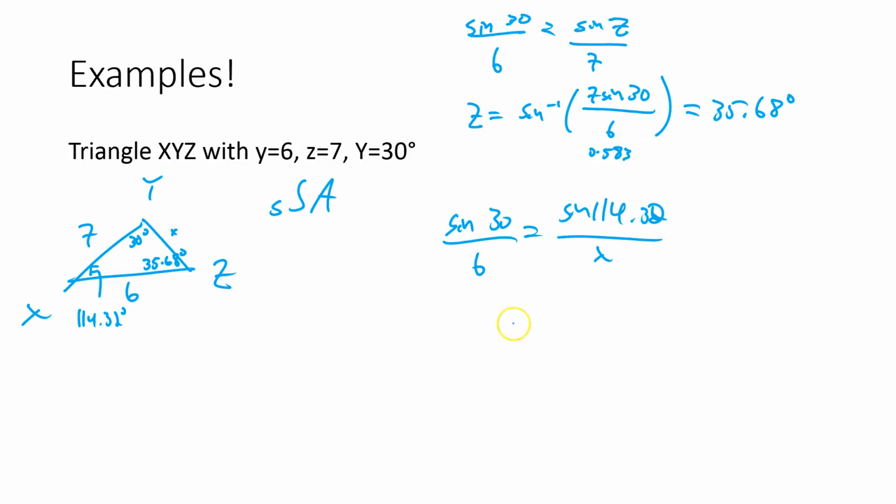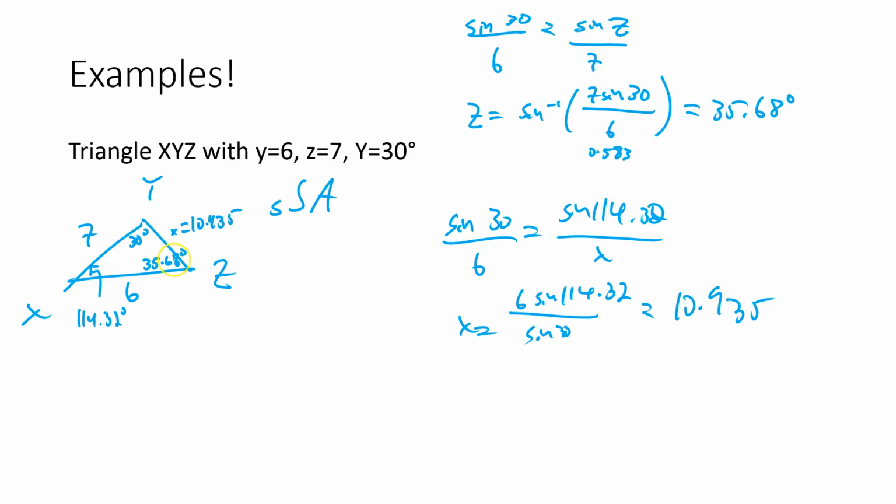And if we cross multiply and then divide, we'll have x is 6 sine 114.32 divided by sine 30. Put that in my calculator, 6 sine of 114.32 divided by sine of 30. And I get 10.935. So this is 10.935.